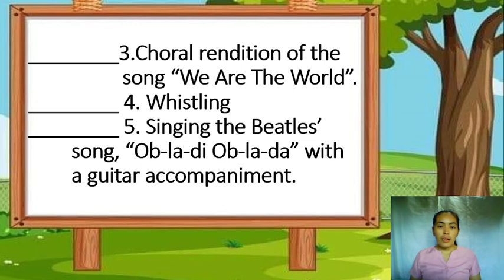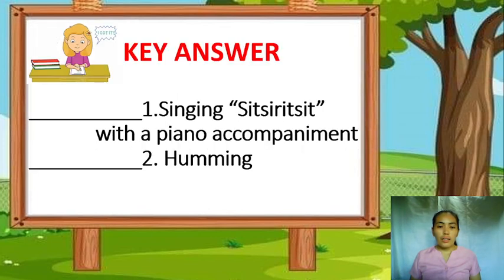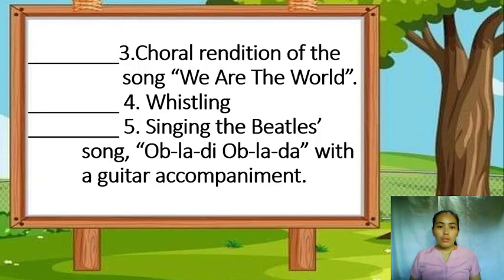Time is up, and now let's check your answers. Number one, singing with a piano accompaniment. What's the answer? It's homophonic texture. How about the second one, humming? Monophonic texture. Very good. The third one, choral rendition of the song We Are the World.